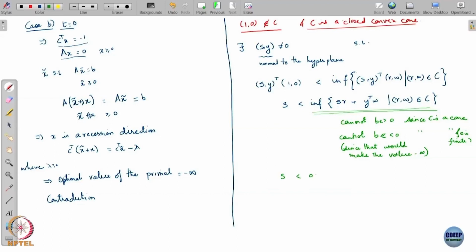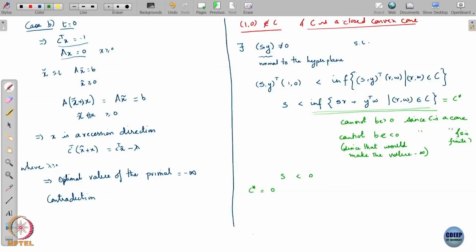Let us call this optimal value C star. C star is equal to 0. Now, the optimal value is 0 and S is strictly less than 0. This is what we have concluded so far.